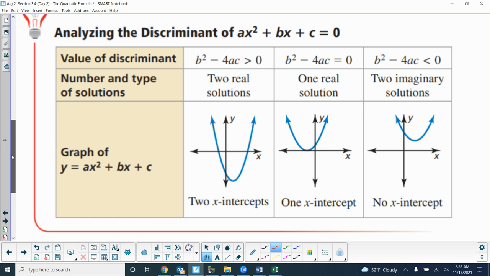And your parabola could open up or down, but it'll hit your x-axis in 2 spots. Okay? If your discriminant equals 0, you'll have 1 real solution. All right? The vertex of your parabola will be on the x-axis. That's the only spot that the parabola hits it. Okay?